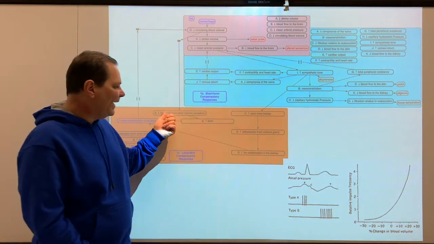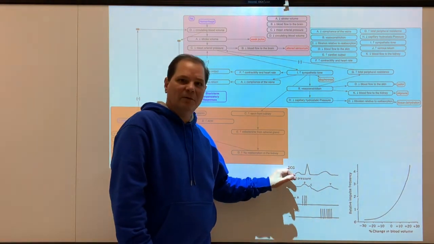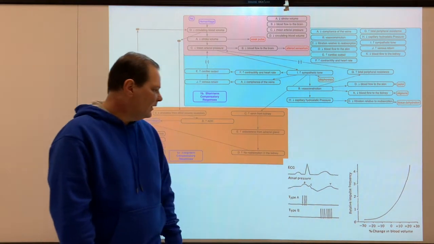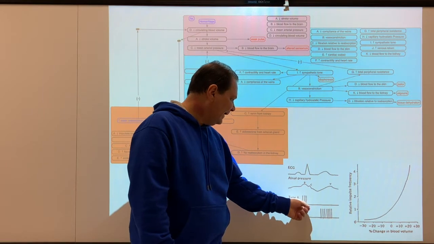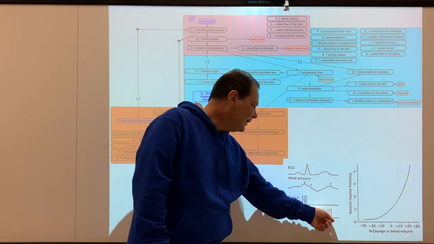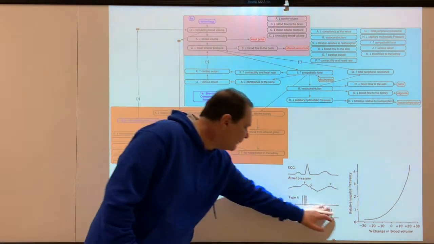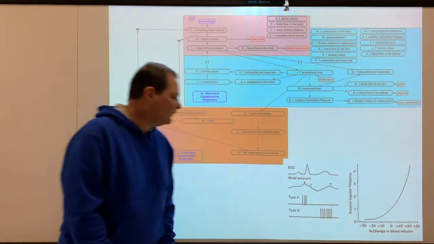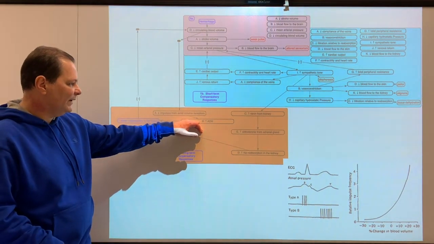We also have a decrease in the number of impulses from our atrial volume receptors. So remember, these receptors, the type A, detect pressure, the type B, detect stretch in the atria, and the decreased number of impulses that you get when the blood volume goes down causes ADH release.